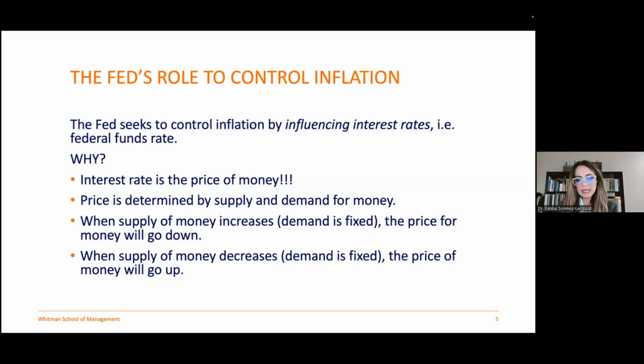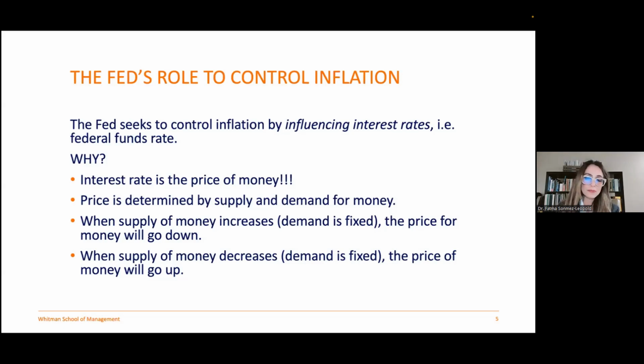So when the supply of money increases, assuming demand is fixed, the price will go down because there is too much money in the economy, like too many apples in the economy, and there is very little or fixed demand for these apples. Clearly, the price of apples goes down because you don't want them to go bad, so you just sell them cheap. The same idea here: when there is too much money in the economy, the price goes down, i.e. the interest rates go down.